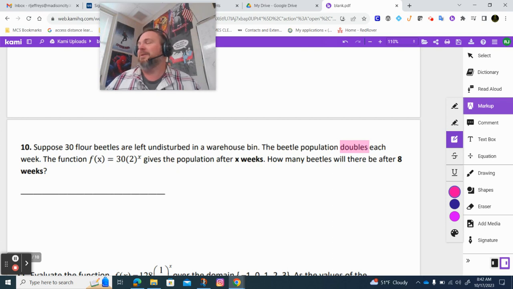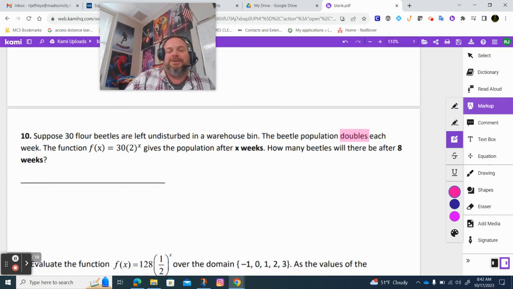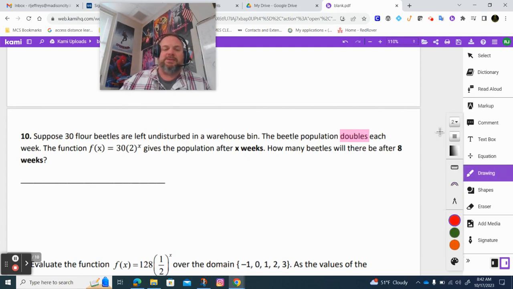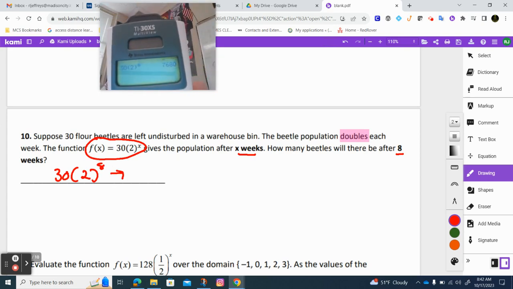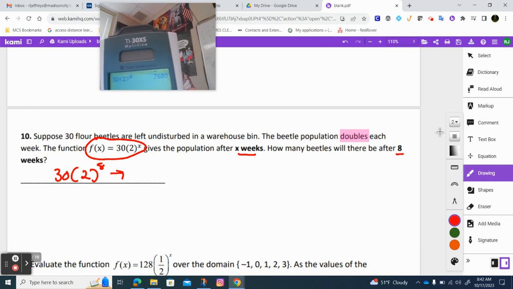It helps you that it's in bold. So when we're doing this one, it actually gives us the equation. X number of weeks after 8 weeks. So we would actually say 30. We start with 30. They double every week and 8 weeks. So after 8 weeks, you have 7,680 flower beetles.